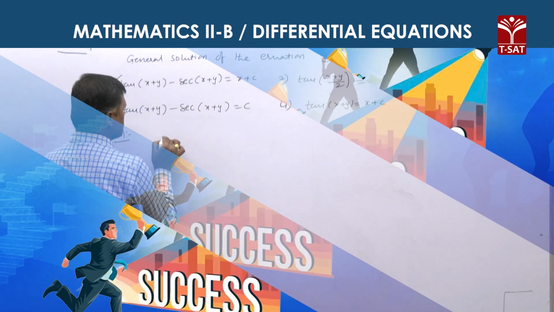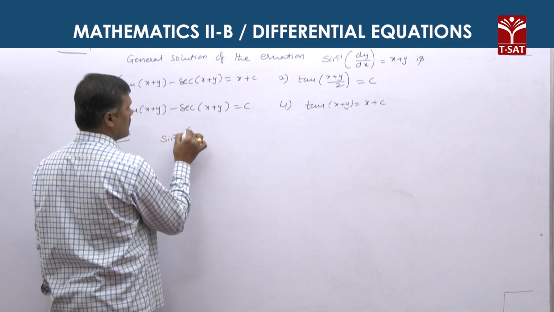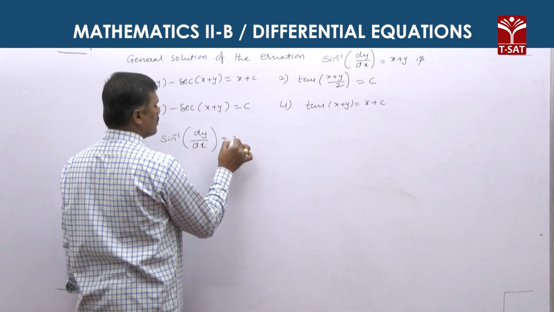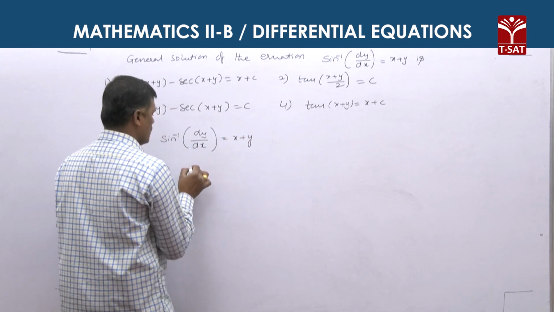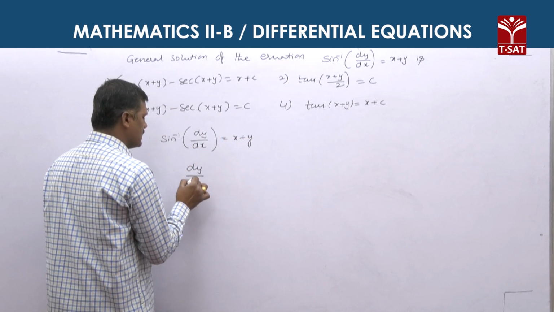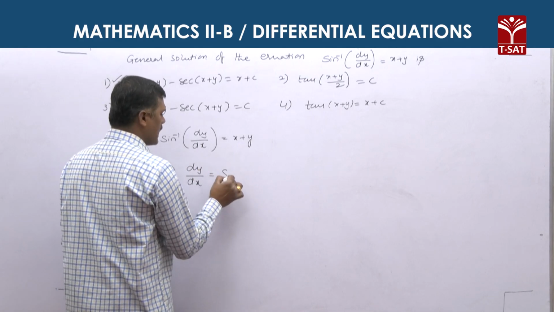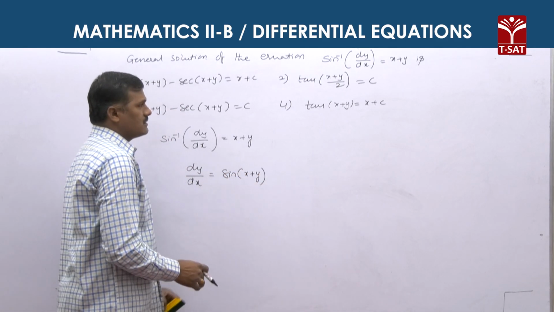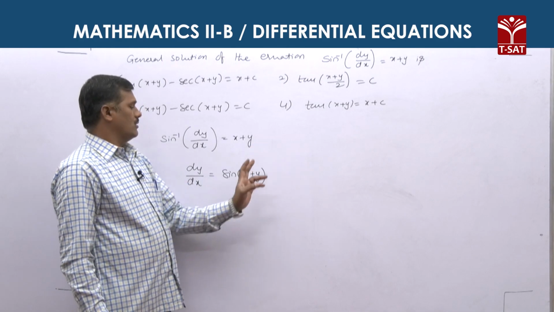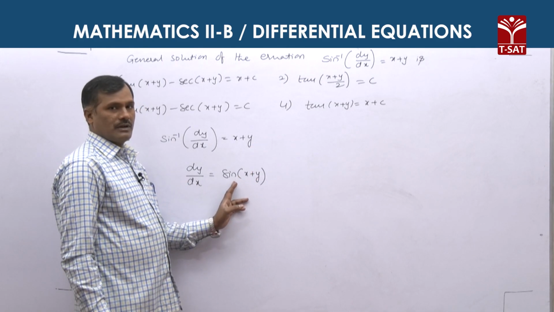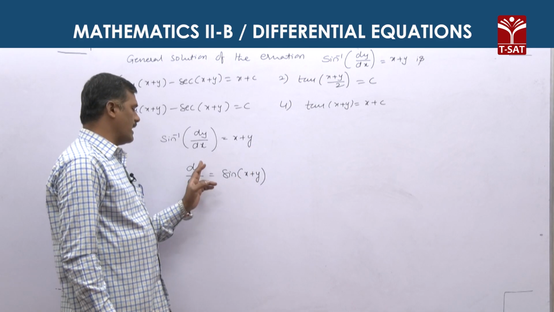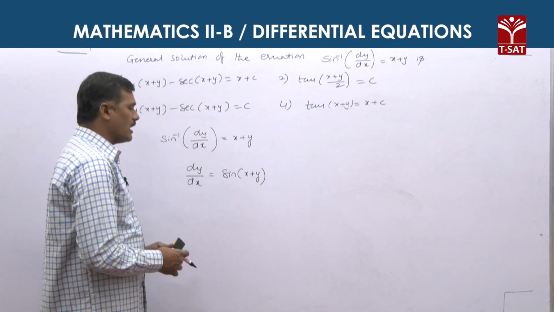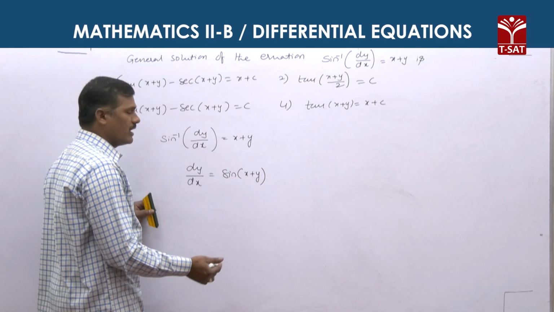Given equation is sin inverse of dy by dx is equal to x plus y. Therefore, dy by dx is equal to sin of x plus y. Previously I told you, if the given differential equation dy by dx is equal to f of ax plus by, then put ax plus by is equal to some other variable t.